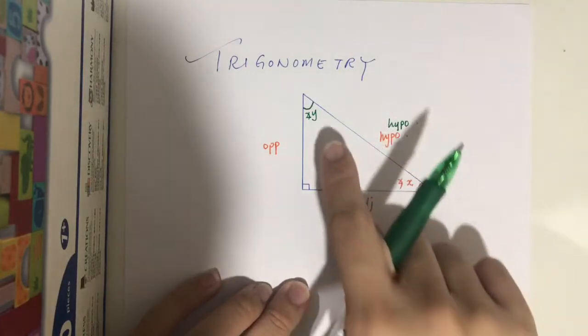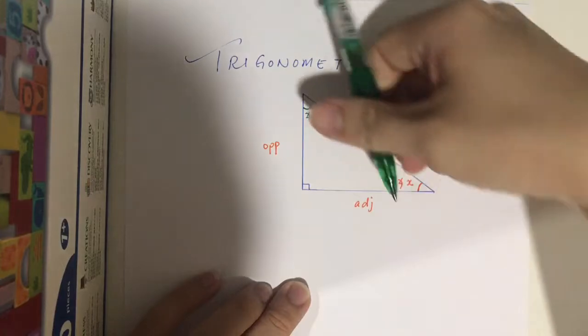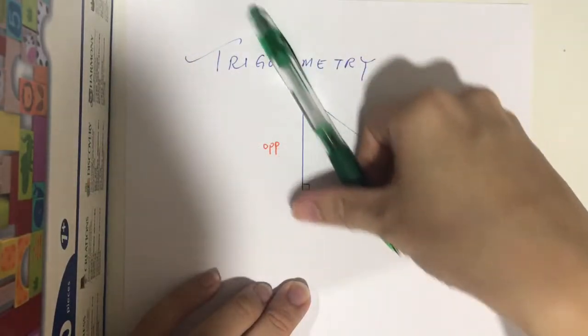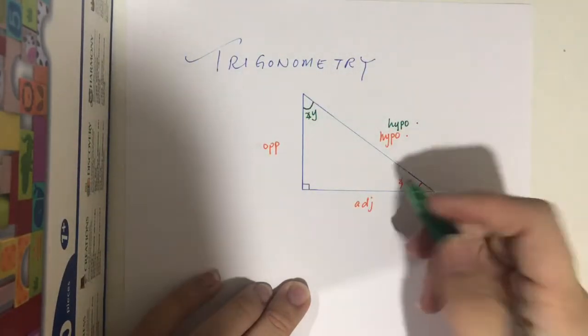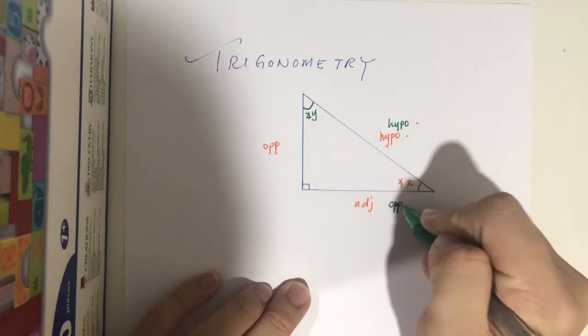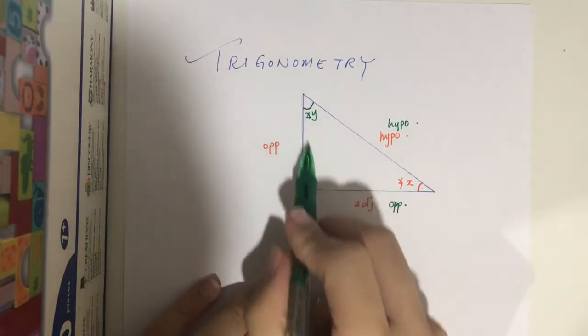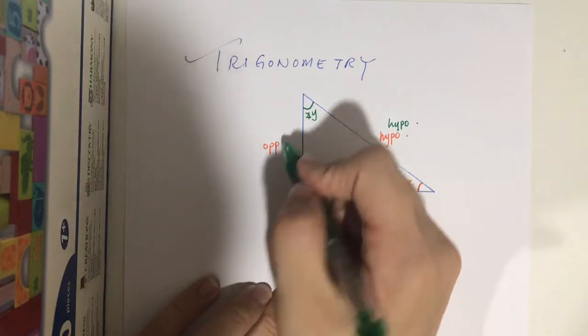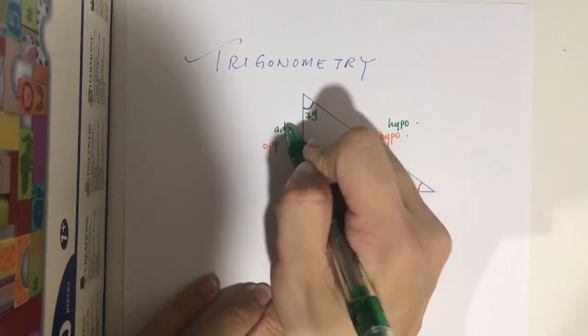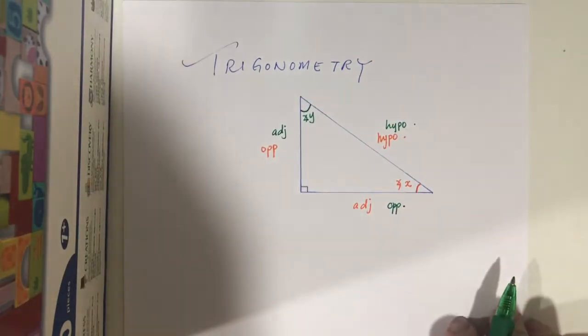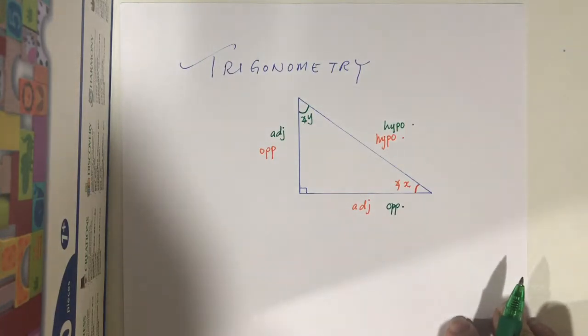Now looking at this angle, the side that is opposite this angle is here. So this is the opposite. The side that the angle is sitting on will be adjacent.